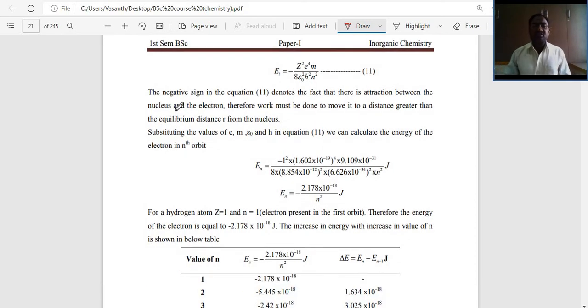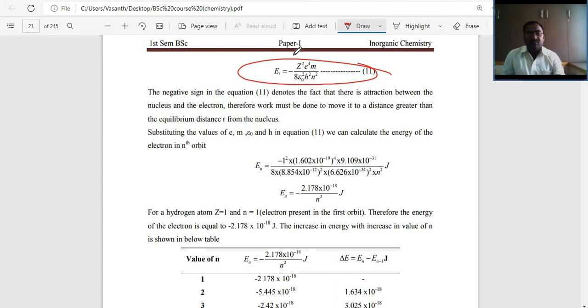Substitute all the constant values in that expression. The Z value is 1. Charge of electron is 1.602 into 10 to the power of minus 19. The mass of electron is 9.1 into 10 to the power of minus 31.